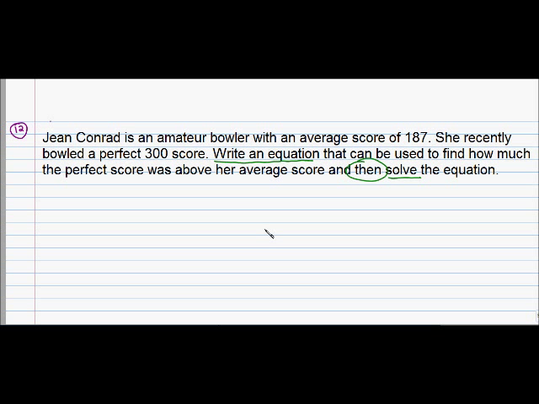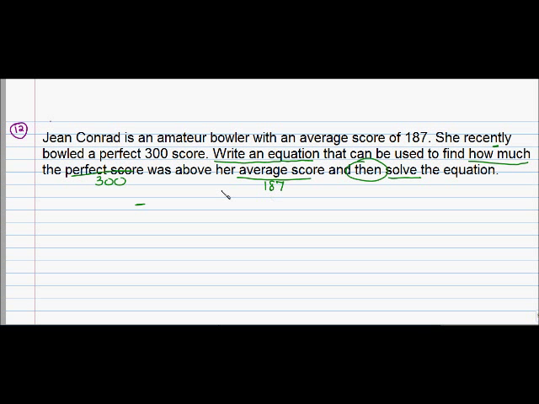We want to find out how much, the difference between 2 numbers. The perfect score of 300 was above her average score of 187.